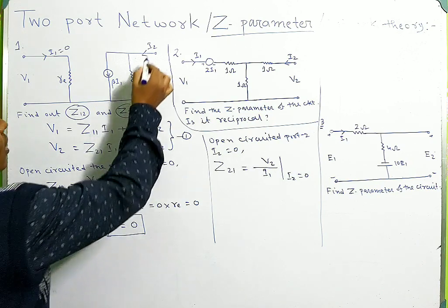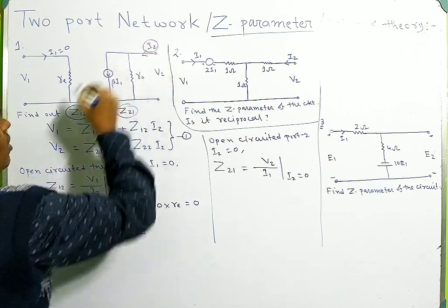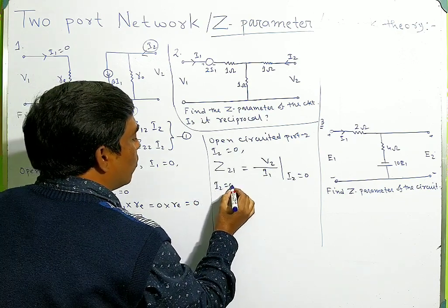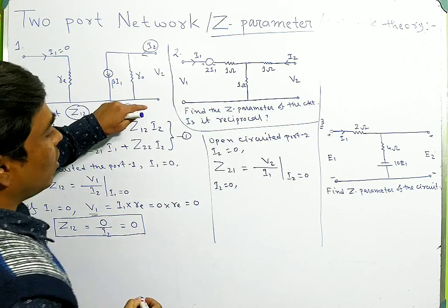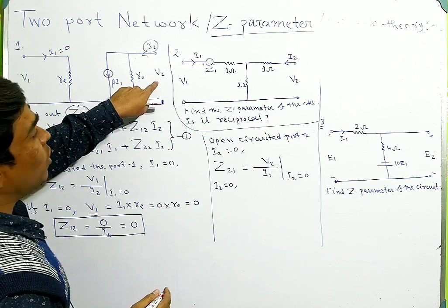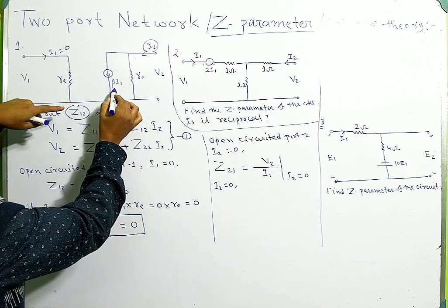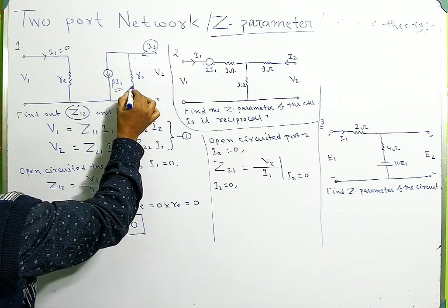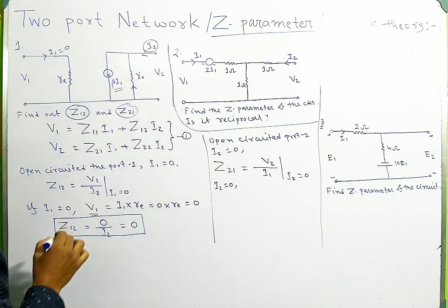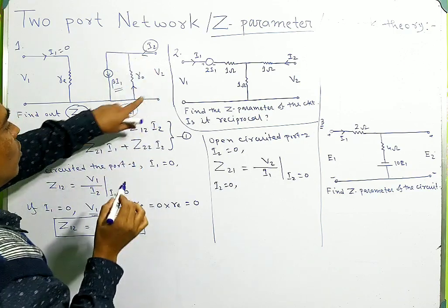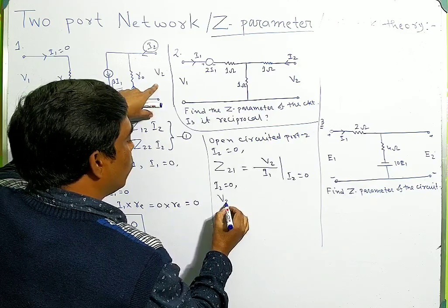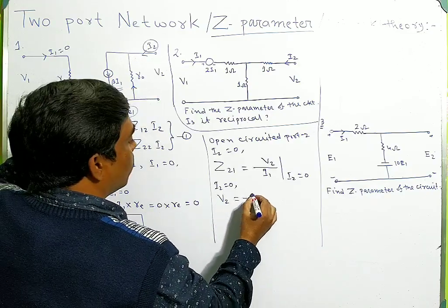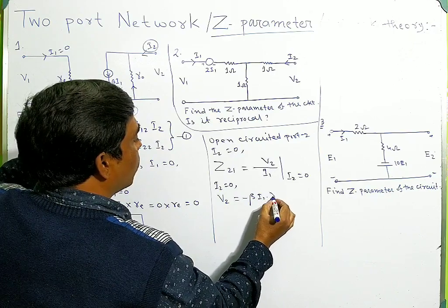Now when I2 is 0, you have to calculate this voltage V2. But there is a current source beta into I1. This current will pass through this resistance R0 in this direction. So voltage V2 is given by minus beta I1 into R0.